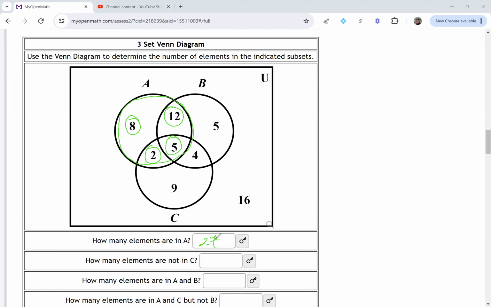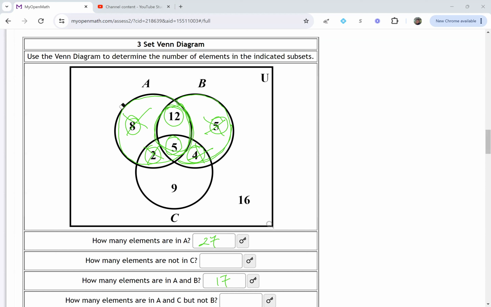Now let's skip to the one that says how many elements are in A and B. So if I want A and B, I need everything in that green circle, but then I also need the ones in B. I don't want the ones only in B. I don't want the ones only in A. I'm just going to take the ones that are in both of them, and 12 plus 5 gives me 17.